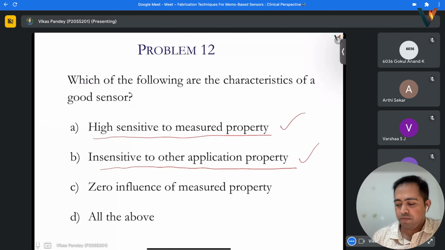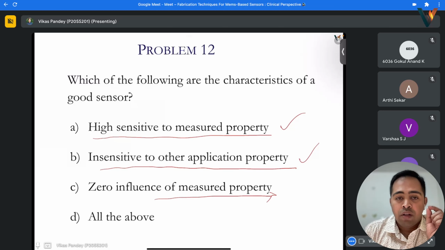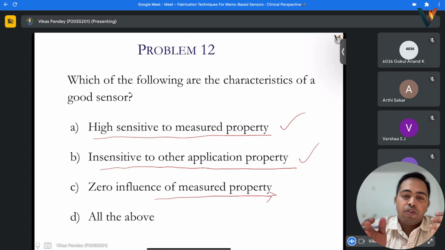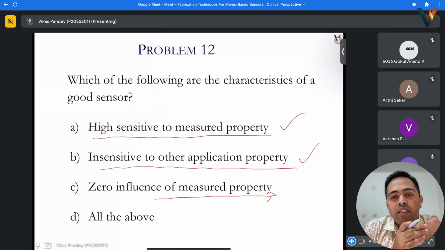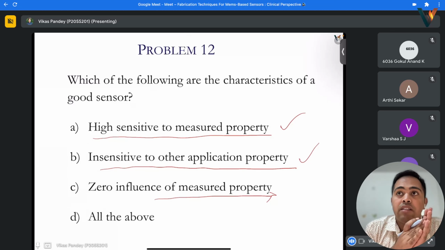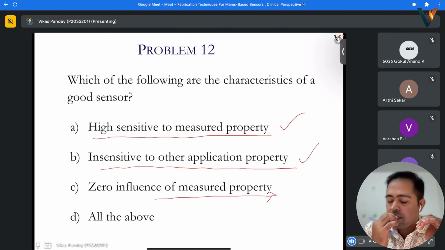With zero influence of measured property, what we mean is that once the thing that we want to measure is removed, the sensor should come back to its initial property, like its initial position or the base resistance or the base level.